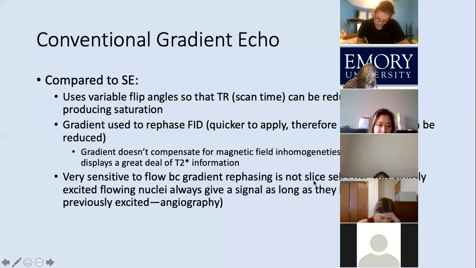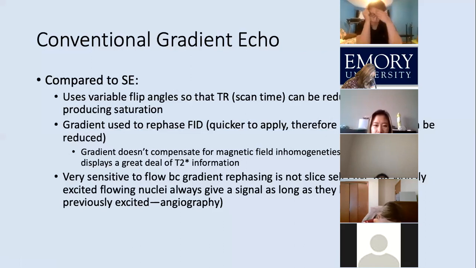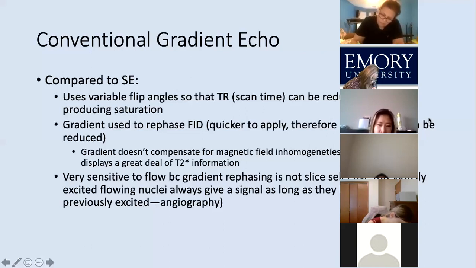So we could basically refocus those moving spins anywhere along the bore of the magnet. So we're not constrained within a particular slice. So that's why these gradient echoes are great for angiography, where you're trying to get bright signal from those blood vessels. So if you're doing any type of angiography, MRAs, typically those are going to be gradient echo pulse sequences.